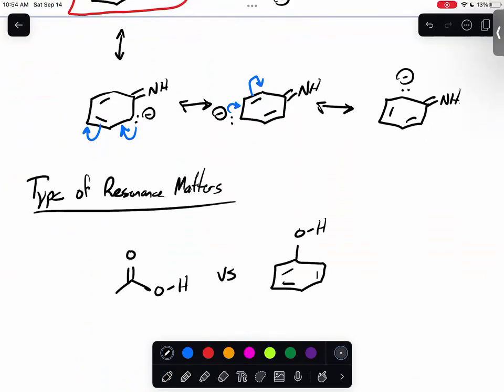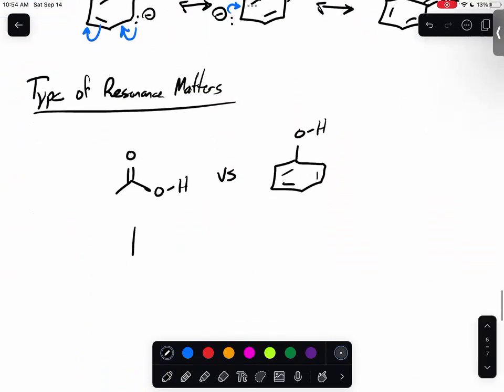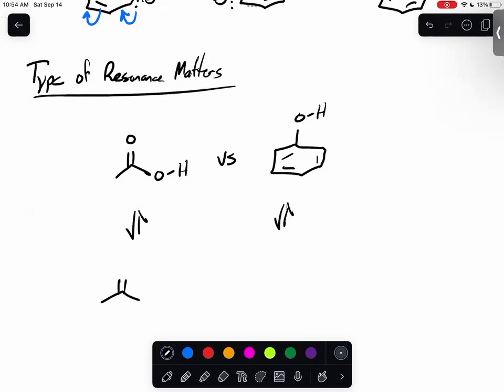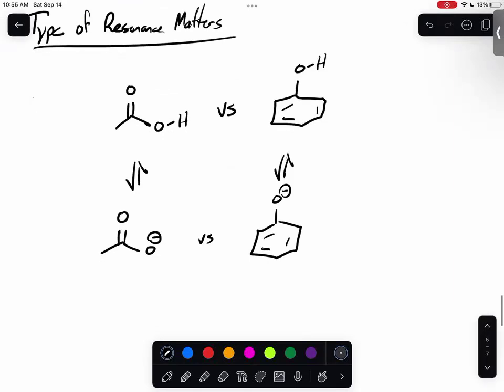If these were to undergo acid-base chemistry and become deprotonated, we would end up with something that looks like this. And since I've just drawn all the resonance forms, I'm not going to redraw them all out, but I will put the partial charges where they belong. So the question is, which matters more for us?